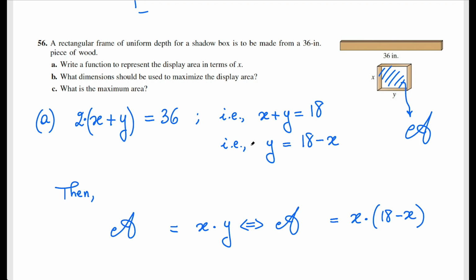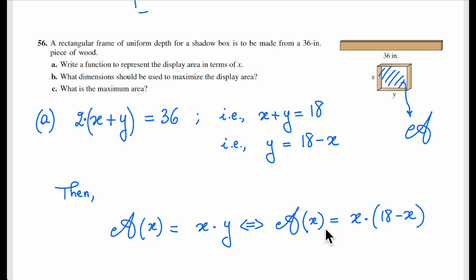So the relationship between y and x is as such, and the area, x times y, the area of a rectangle, seems to be a function of two variables, but y, don't forget, is a function of x itself. So x times y becomes x times 18 minus x. So that's the area function, and it's in terms of x clearly now, right? It's in terms of x.